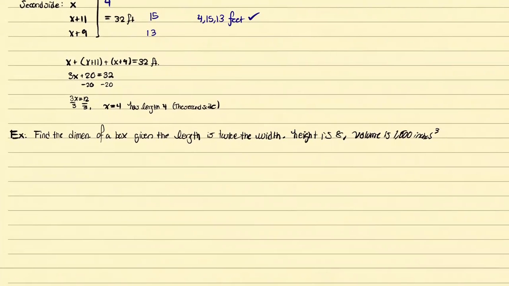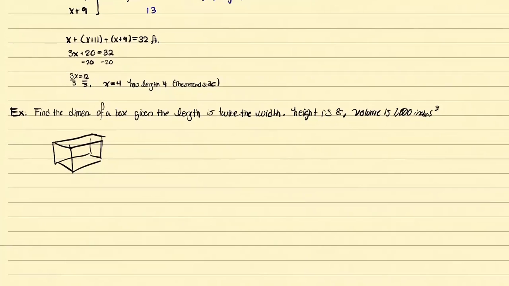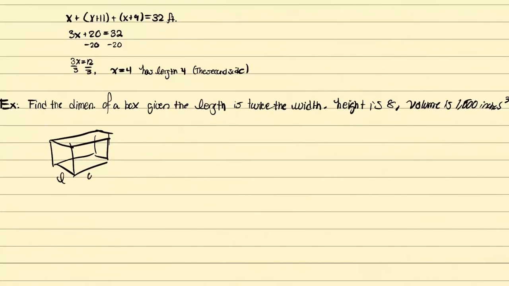So, just like above, can I draw that a little bit better? Here's my length, width. Maybe it should be the other way around. Maybe this should be width and length and height.